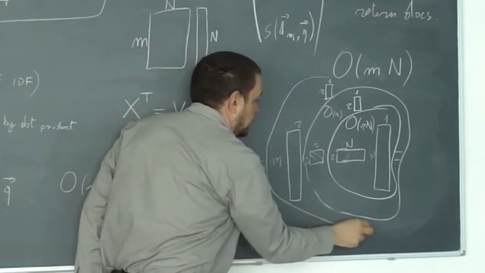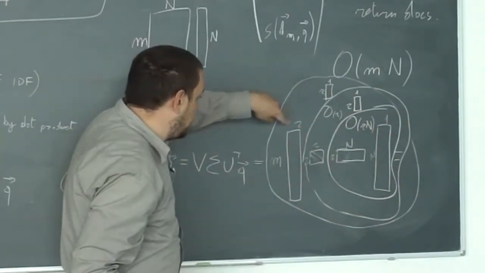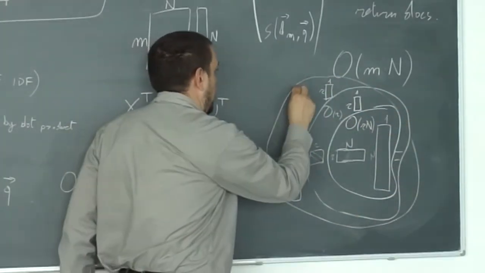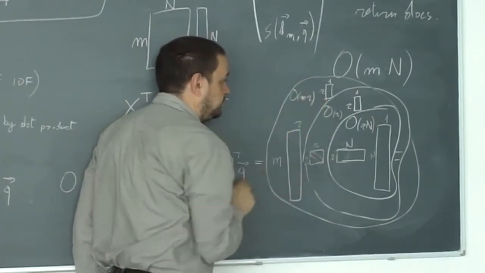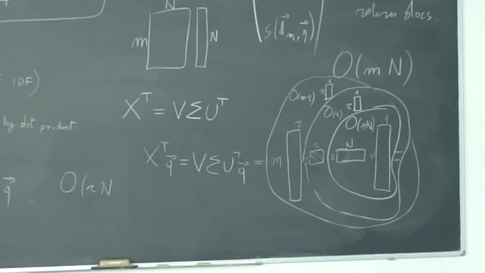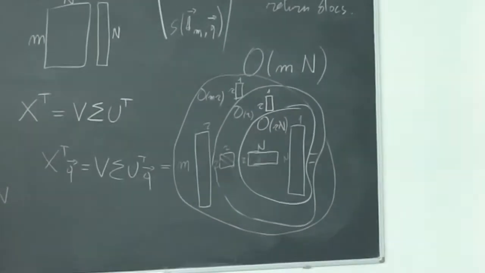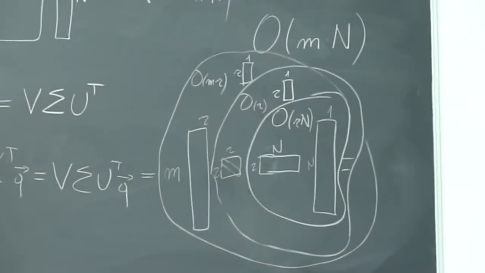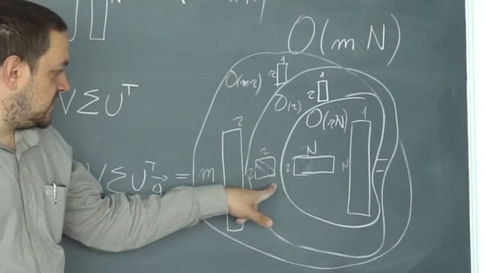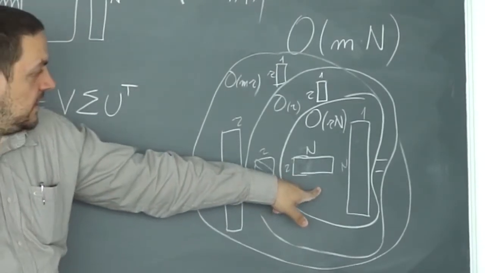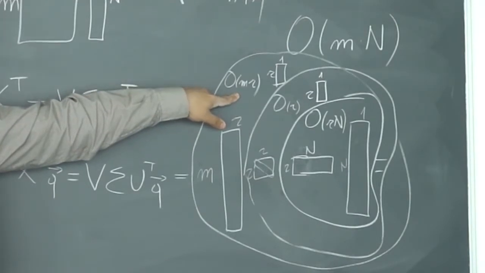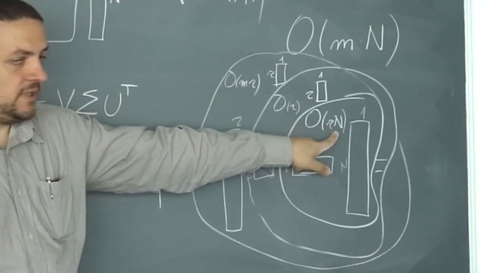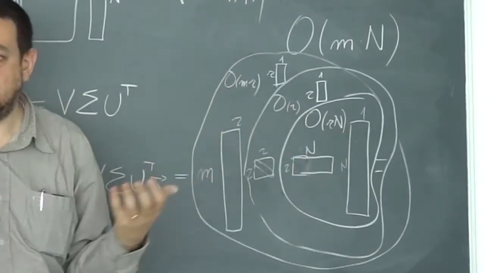So this multiplication here takes a big O of M by R. So the complexity of this multiplication is the dominant term of these three big O's, which is either M by R or N by R, depending on whether M or N is larger.